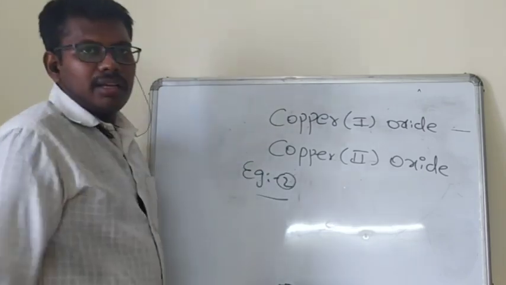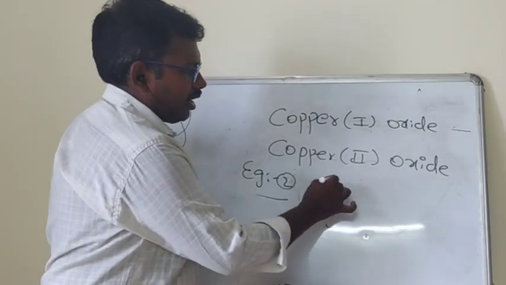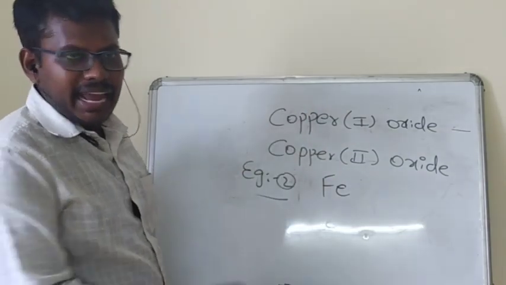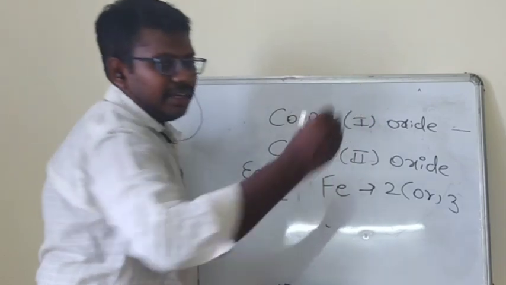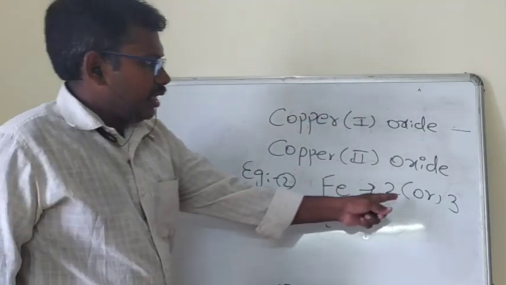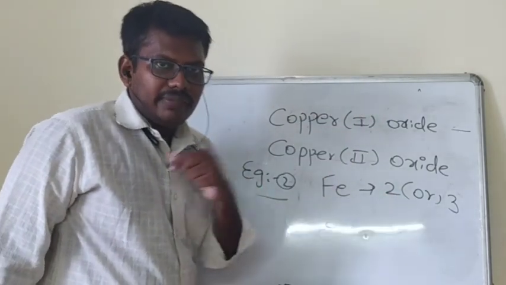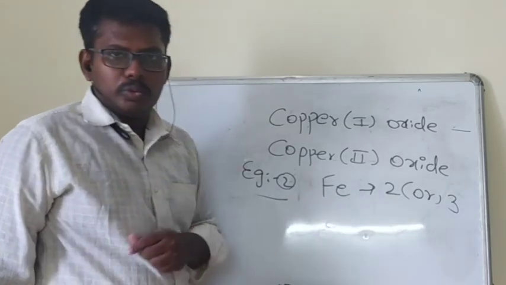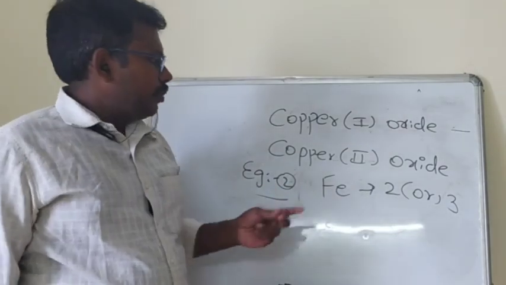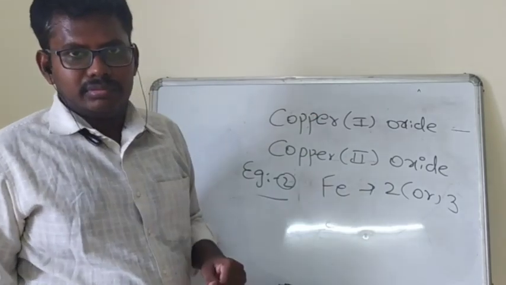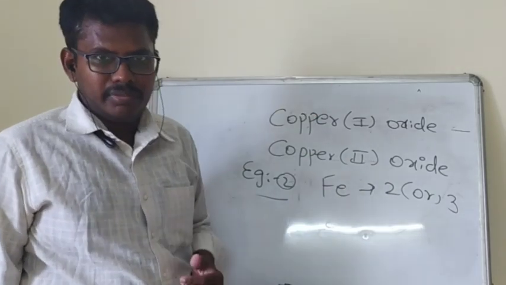Now coming to the iron symbol Fe, it has valency 2 or 3. Comparing 2 and 3, which is the lowest valency? 2. If this iron reacts with oxygen, how to write the name?